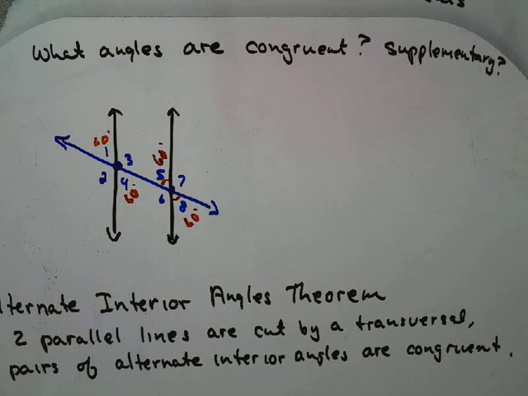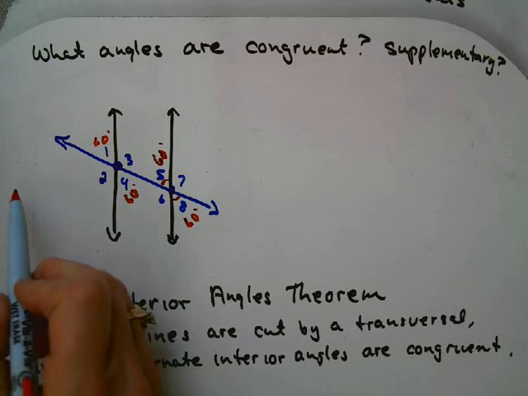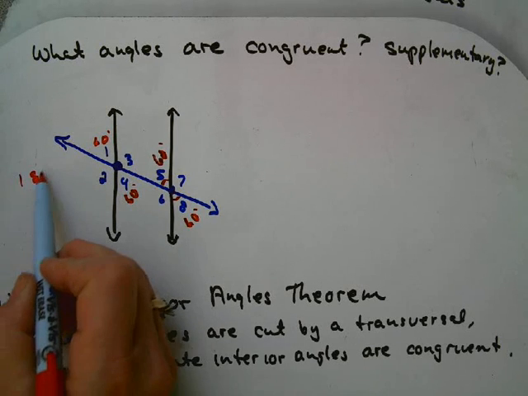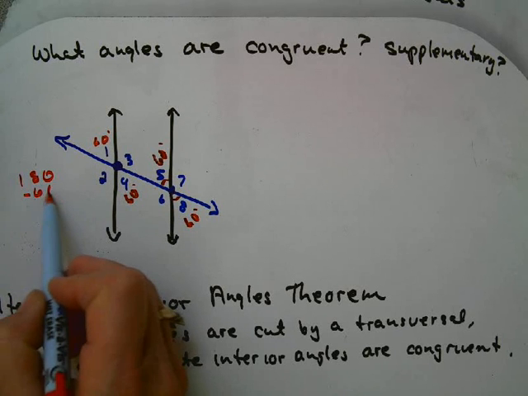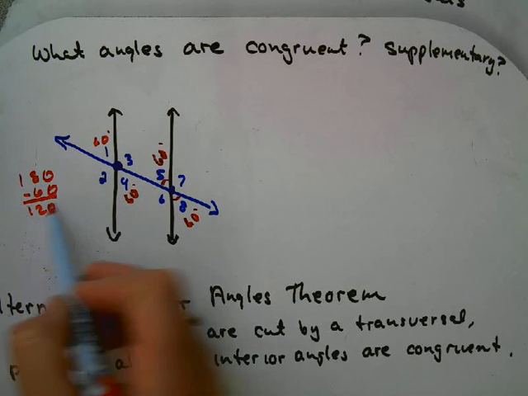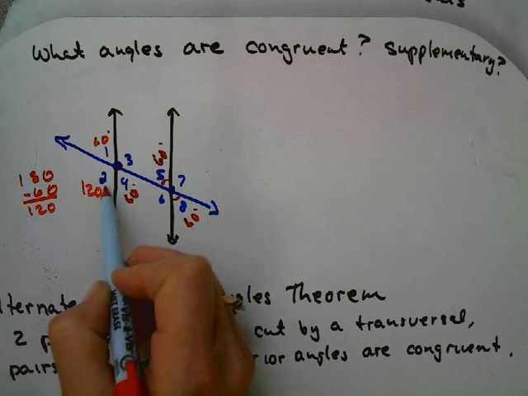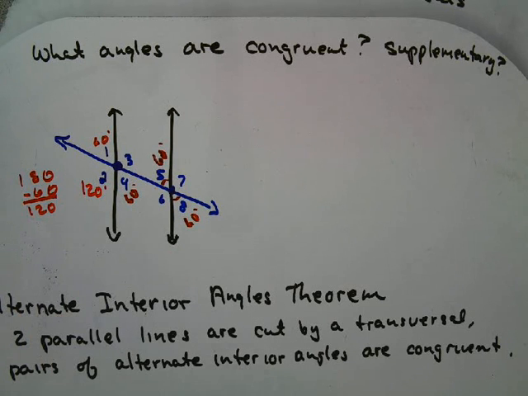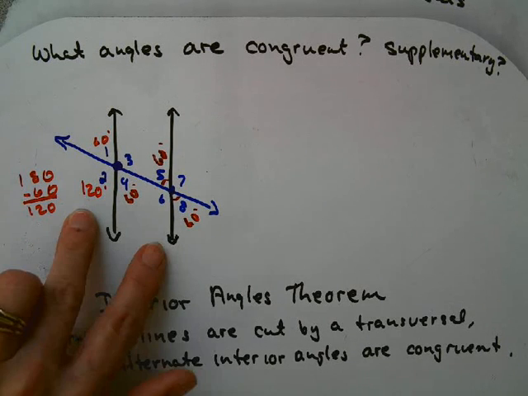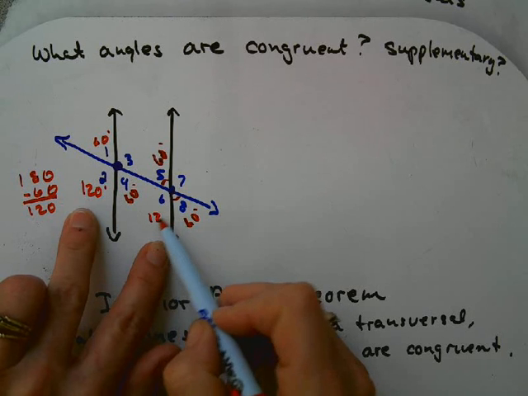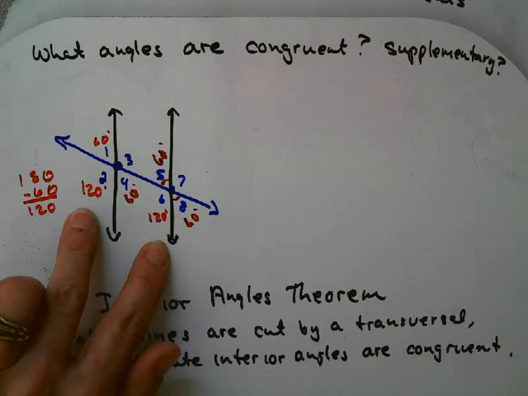Now let's look at angle 2. Can we find that measure? Well, 1 and 2 form a linear pair. So I know they're supplementary, and I can say 180 minus 60, that's 120. Right there is my measure of angle 2. If angle 2 is 120, angle 6 is too, because they correspond.